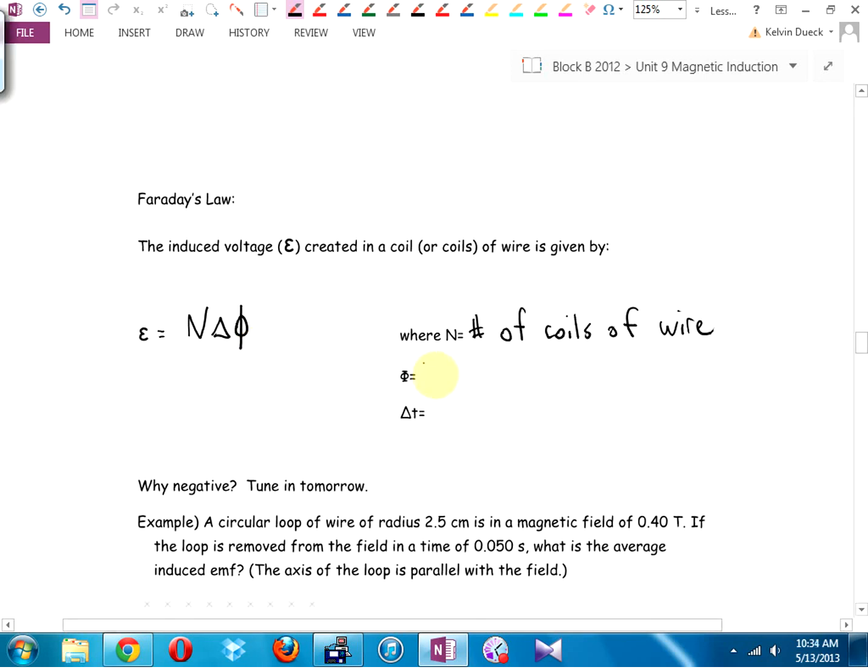What was flux? We defined flux as B perpendicular, A perpendicular, divided by the change in time. Hey, that hasn't changed at all. That's been the same since Physics 11. You have a formula sheet in front of you. Did I get it right? Yes. No. What? Turns out there's a negative in front. Why negative? Tune in Wednesday. I'll tell you why it has to be negative. Okay.